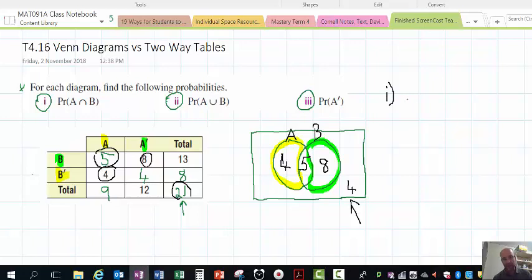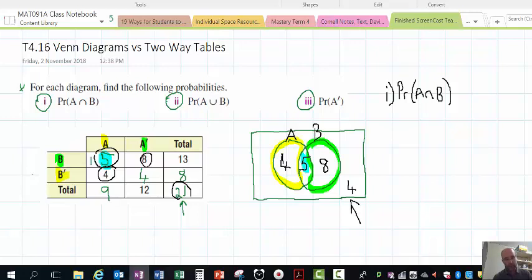If you do a bit of thinking and reasoning, the questions will come out more easily. The probability of A intersection B: whether we look at the table or the Venn diagram, it's pretty easy now. The Venn diagram is very easy. We've got 5 in the shared zone there. Where does that exist on the table?